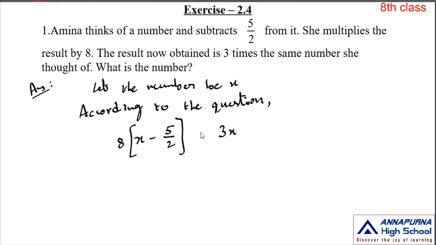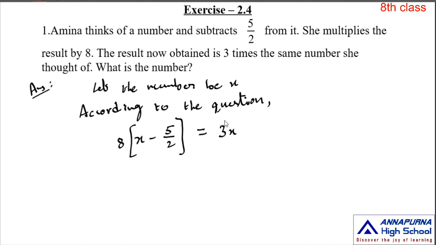That means these two are equal. So 8 into x minus 5 by 2 is equal to 3x. Why? Because after completing this multiplication, the result is 3 times the number. So here the result is 8 into x minus 5 by 2. It is equal to 3 times the number, means 3 into x. Now this is the equation representing the given situation.